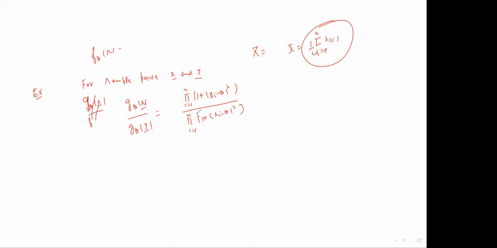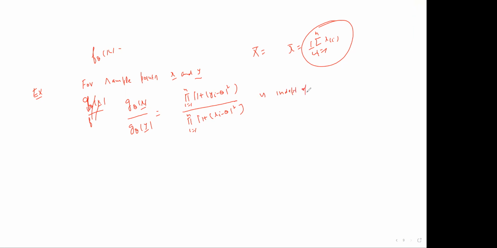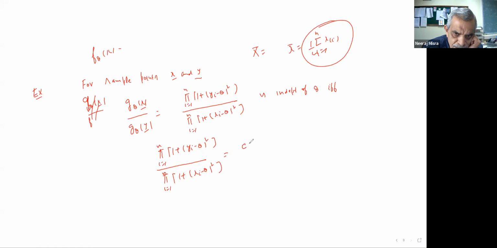Yes, sir. This is what f theta x upon f theta y is, and I have to see under what condition it is independent of theta. So it is independent of theta if and only if the product i equal to 1 to n of 1 plus yi minus theta whole square, divided by the product i equal to 1 to n of 1 plus xi minus theta whole square, does not depend on theta. That means it should only depend on x and y, so it is c of x,y for some function c.